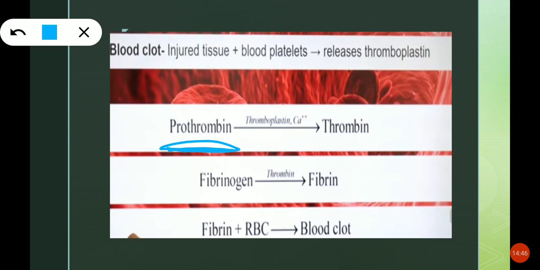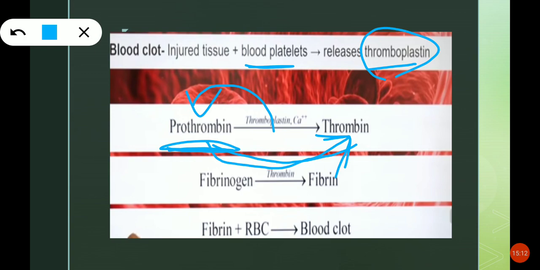So the blood platelets release thromboplastin, and this thromboplastin acts on prothrombin, and this prothrombin is further converted into thrombin. Prothrombin converts into thrombin because of thromboplastin.